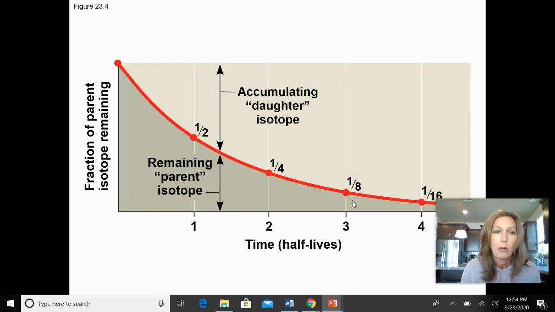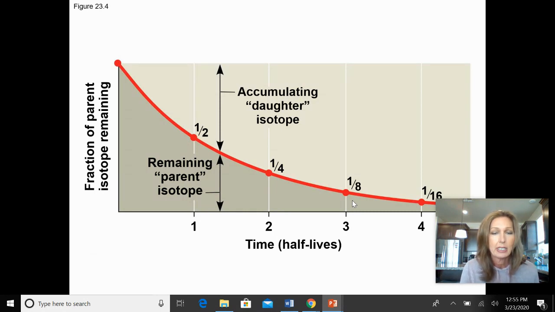When we say radiometric dating, we are basing that on the decay of radioactive isotopes. Remember that isotopes have an unusual number of neutrons in the nucleus of the atom, which makes the nucleus unstable, so it's radioactive. Radioactive isotopes will decay, meaning the nucleus will break down.